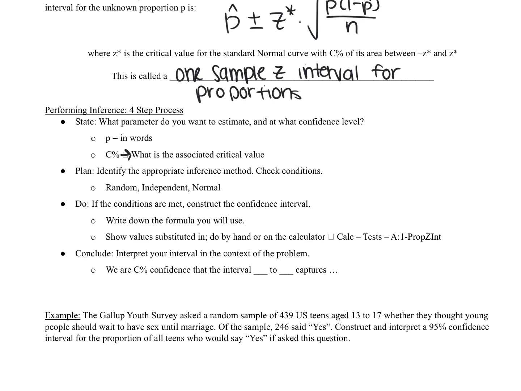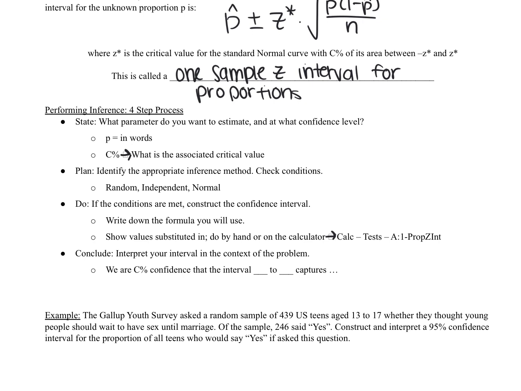As long as the conditions are met, we're then going to use our formula and plug in our p-hat, Z critical value, and N. After you show the values that are substituted in, you can either construct the rest of the interval by hand, or you can use the calculator.